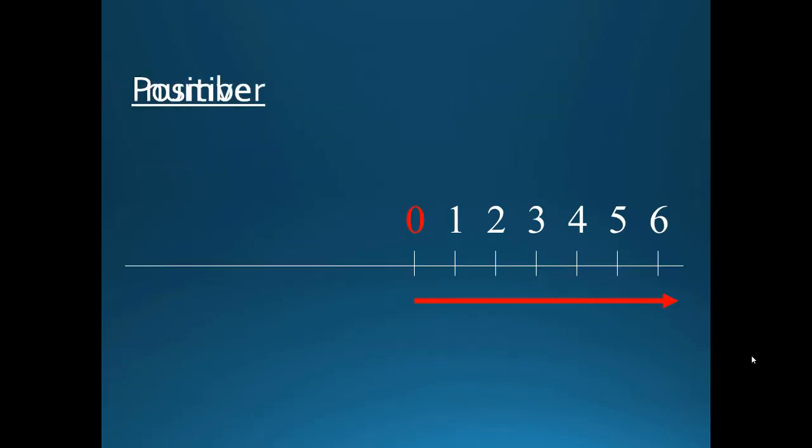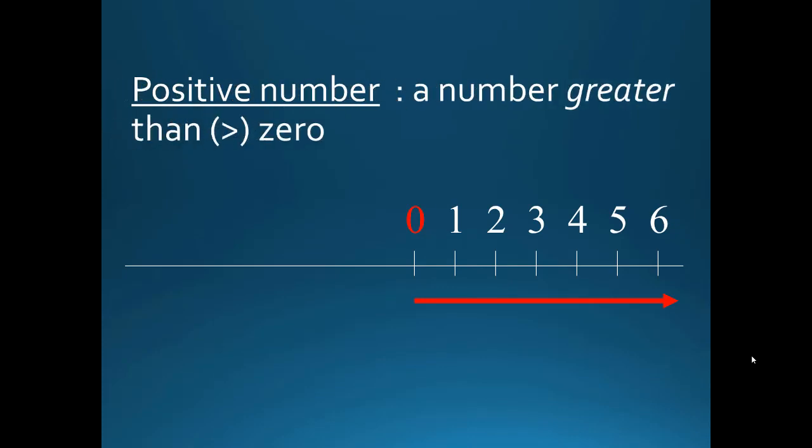Okay, now what is positive numbers? Positive numbers is a number greater than 0, starting from 1, 2, 3, 4, and so on.